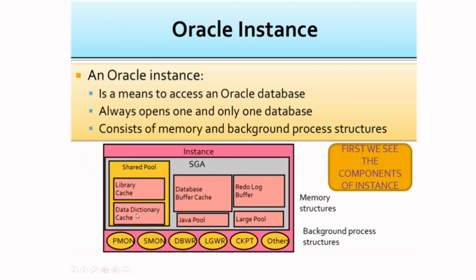Also in the SGA, we have the database buffer cache, redo log buffer, Java pool and large pool. There are the background process structures. We have PMON, SMON, DB writer, log writer, checkpoint, and others.